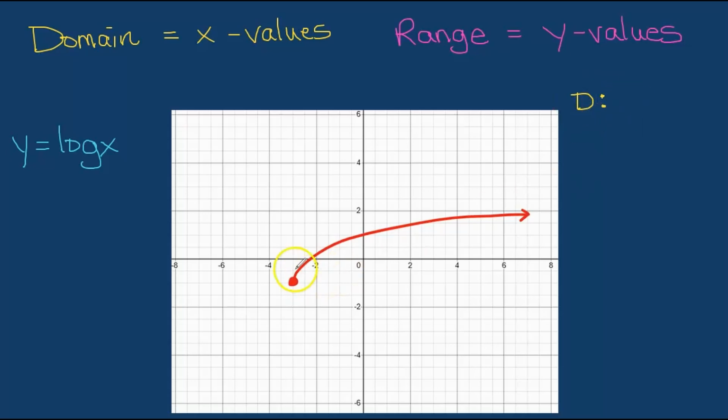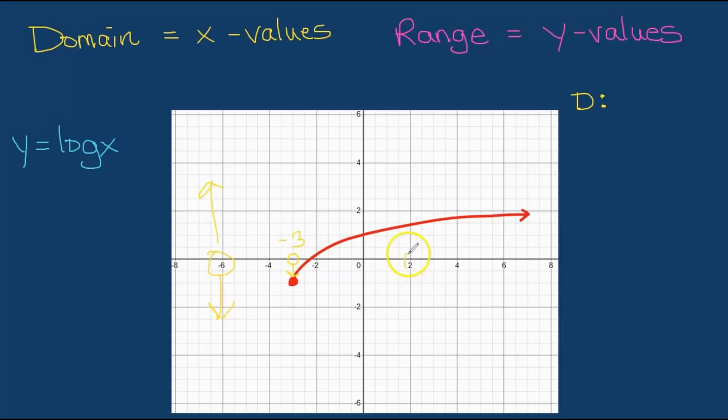Domain, in this case, if I were to go out here, you can very clearly see that I'm not going to hit anything. If I go to exactly -3, that's where this starts. And it has a closed dot. That means it includes -3 in the domain.